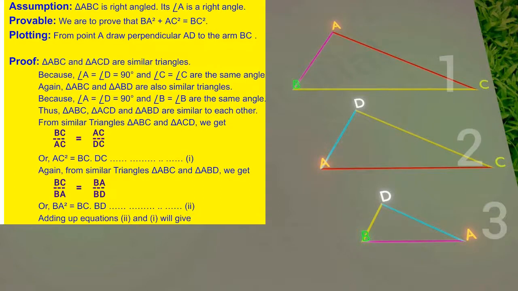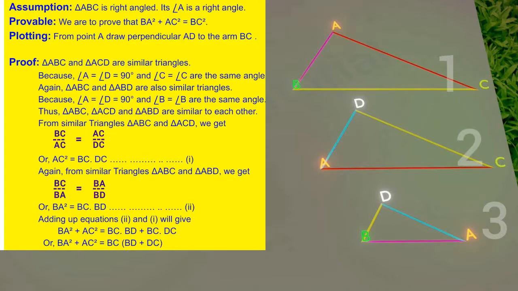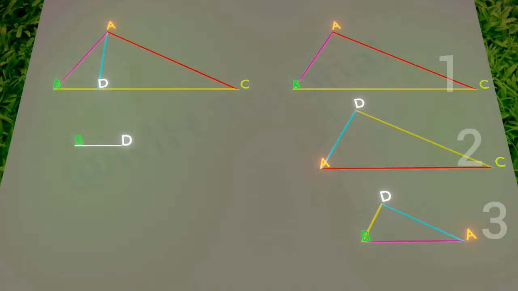Adding equation 2 and equation 1, we get BA squared plus AC squared equals BC into BD plus BC into DC, or BA squared plus AC squared equals BC into bracket BD plus DC bracket closed. Here, take a look at the segments BD and DC inside the bracket.